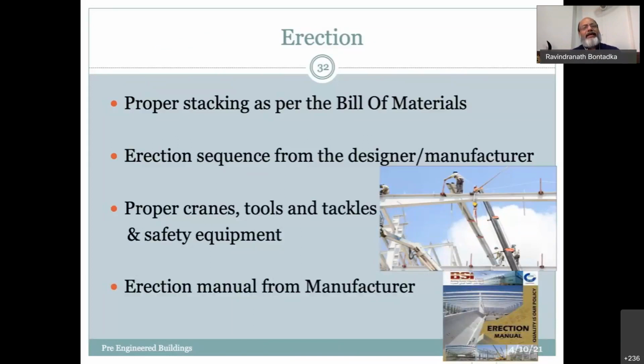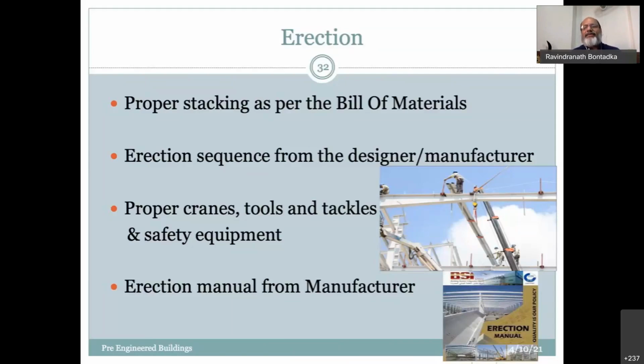Then the erection is very important here. As I said, proper stacking as per the bill of materials. Once the bill of materials is obtained from your fabrication drawings, you have to start stacking properly, because they all come in very delicate sizes, and if one is damaged, it will not be possible to make good the damage.